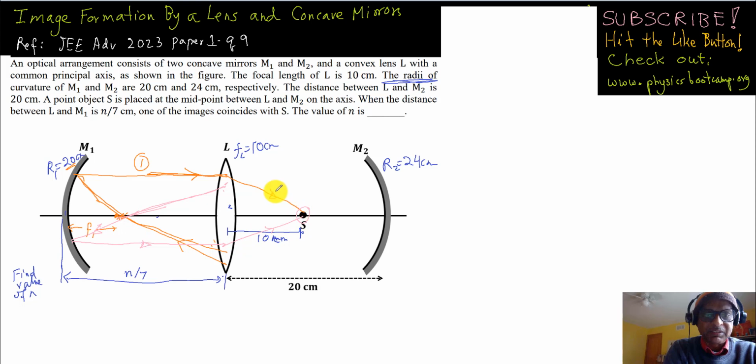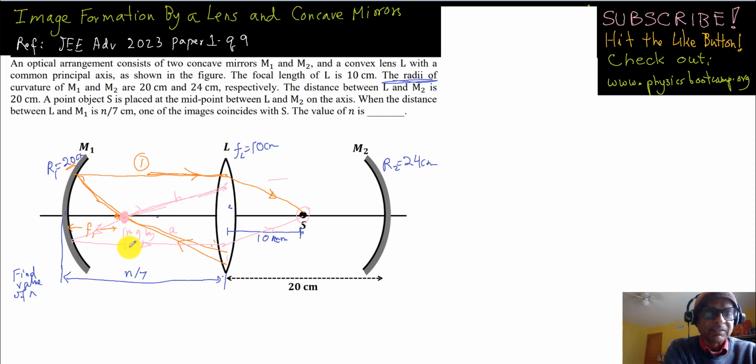So this will be the image if this happened, which means these will be rays coming from the right side. Let's call them A and B. Whatever it is, its image is over here. So the image of the lens is over here.